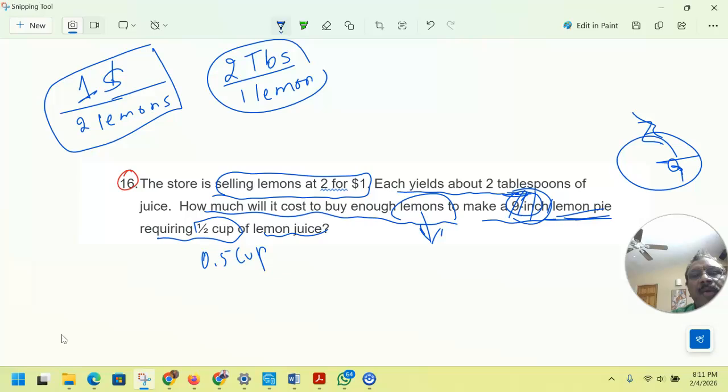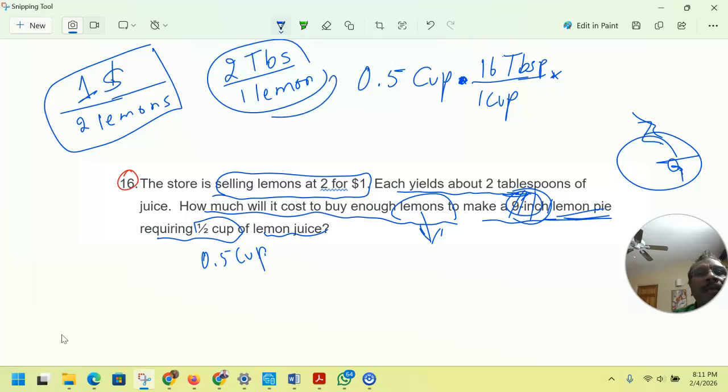So of course you can use your common sense, and also you can figure it out. First, we'll start with the 0.5 cup and change it to maybe tablespoons, because one cup is 16 tablespoons.